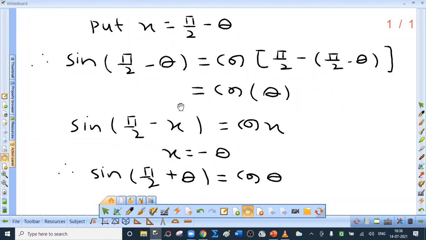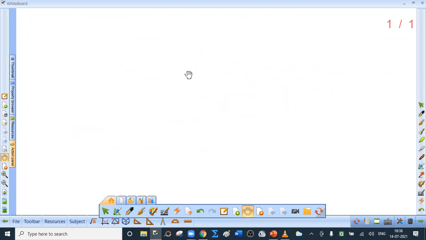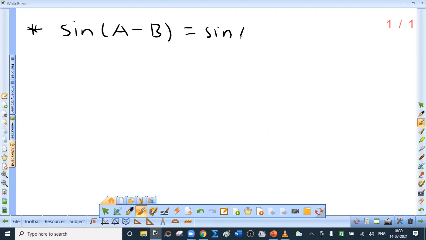Is that clear? Yes. Good. After this, two more results, and then we will solve few examples so that it should not be overdose. We are going to prove sine of a minus b is sine a cos b minus cos a sin b. Actually, this is true for any two real angles.